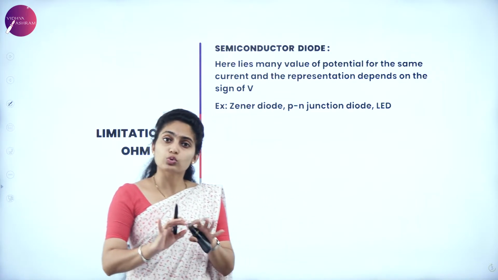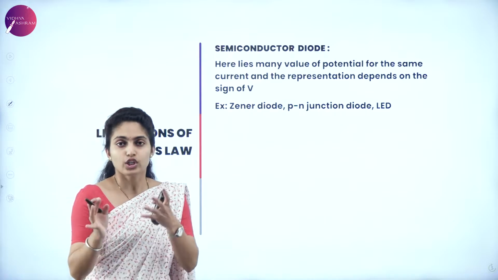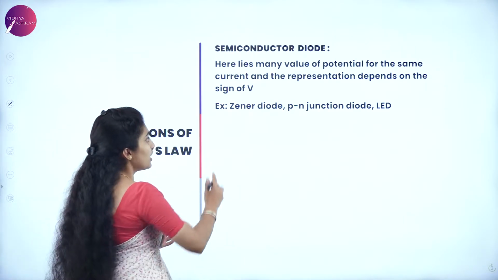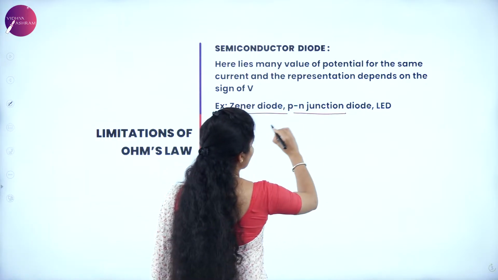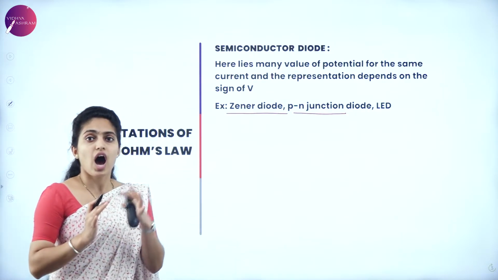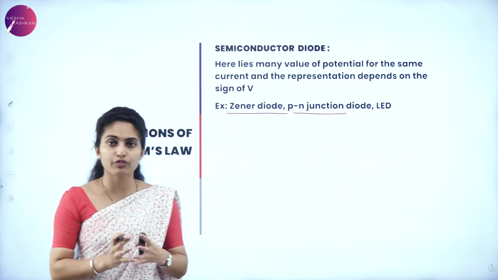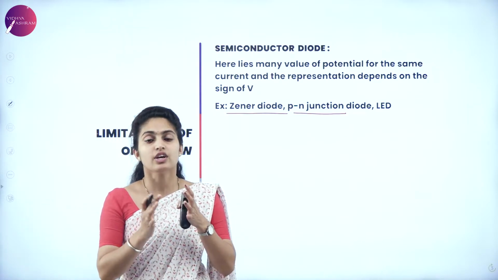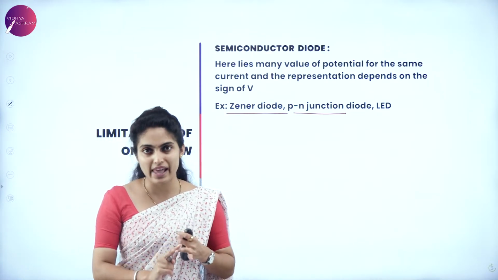Now let us look into semiconductor diodes. So here we have diodes. For example, we have taken Zener diode, PN junction diode, LEDs and all. So here, how is the variation of the graphical representation when you compare I as well as V?